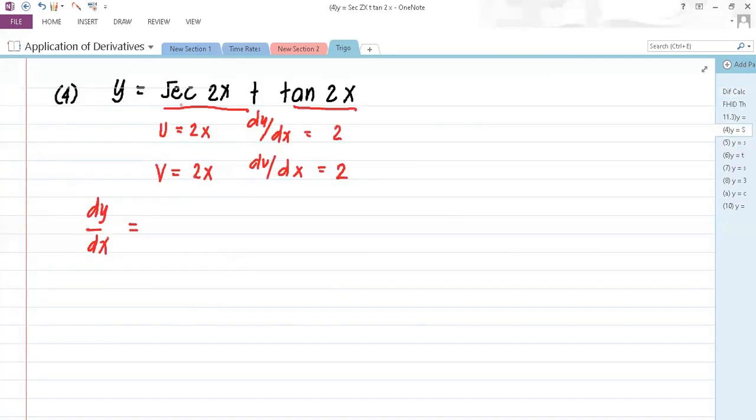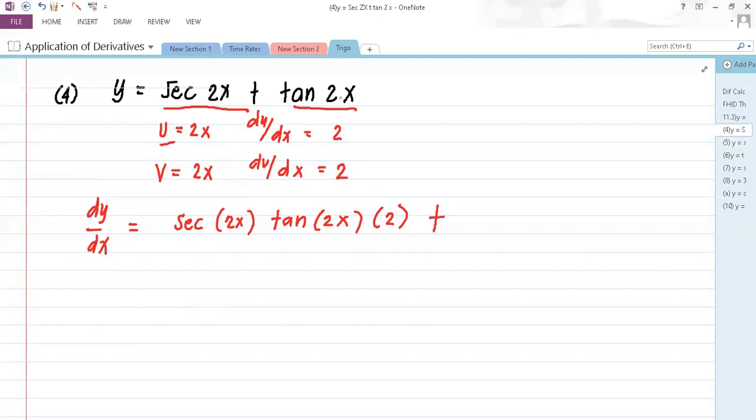So derivative ng secant is secant tangent. Okay, so secant u, which is 2x, tangent 2x. That is the derivative of secant 2x. Okay, the secant and tangent multiplied by the derivative of u. Ang derivative ng u natin is equal to 2.